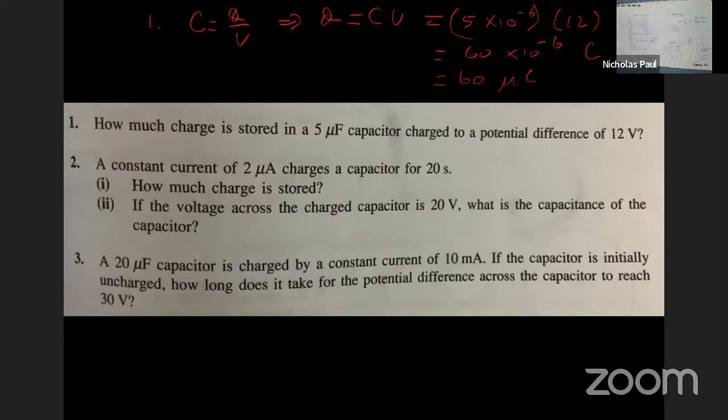First one was easy. Number two, they gave you a constant current. So they gave you the current, which is 2 by 10 to the minus 6 amperes, and the time, 20 seconds, right? How do we get Q? Q is equal to what, Cheyenne?